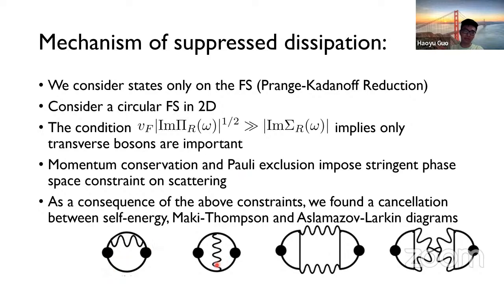What came out from the Feynman diagram analysis is that all three kinds of diagrams, the self-energy diagrams, the Maki-Thompson diagrams, and the Aslamazov-Larkin diagrams, cancel when you add them all together, and we get a result that is smaller than the previous literature.